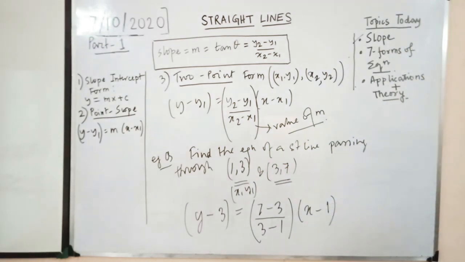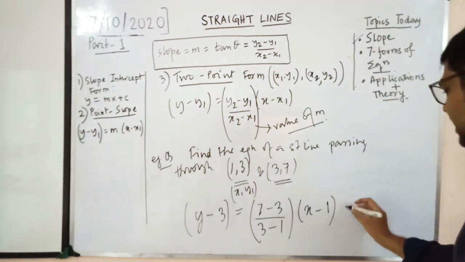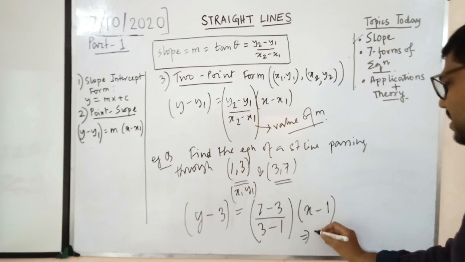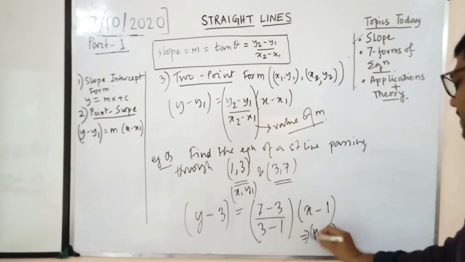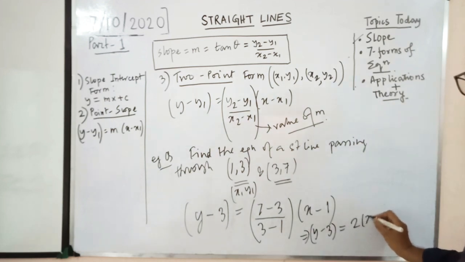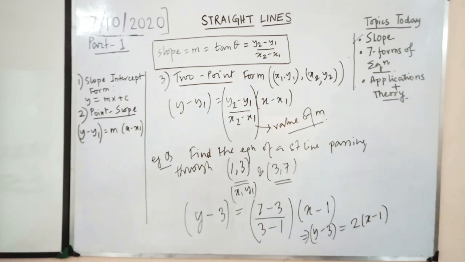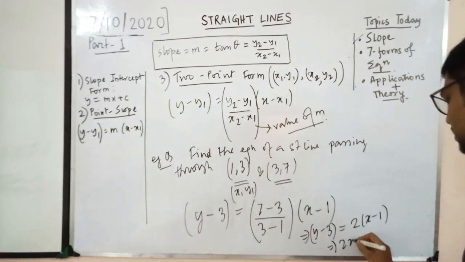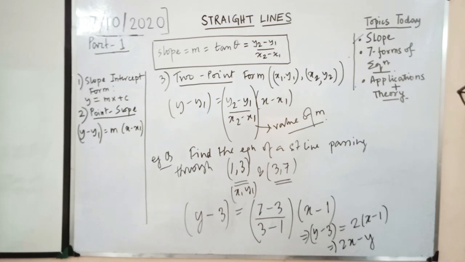If you simplify it, you will get y minus 3 equals 4 by 2, so 2 into x minus 1. You can further simplify it to get the equation 2x minus y, then minus 3 minus 2, then plus 1 equals 0.